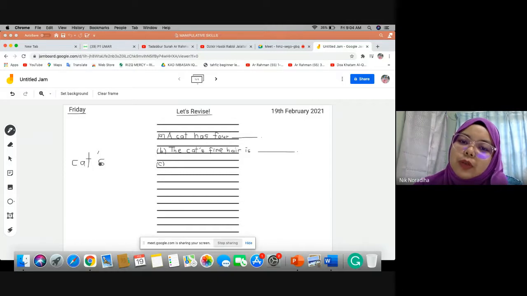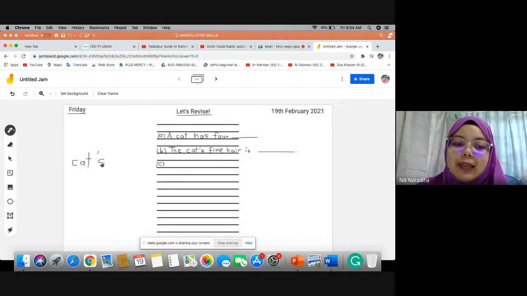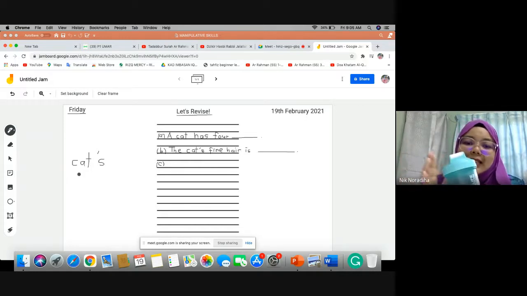I'm not sure if you already learned this in English. This is apostrophe S, to show that this fine hair belongs to the cat. For example, teacher wants to show about your water bottle. So this is Safia's water bottle, the water bottle that belongs to Safia. That is when we use this one. Okay, Safia.